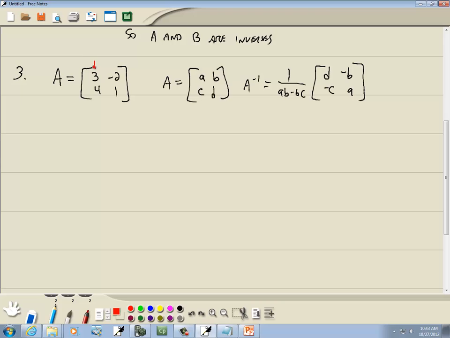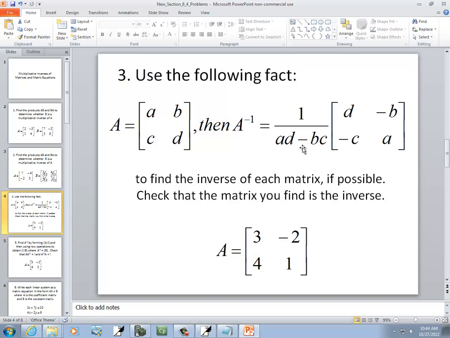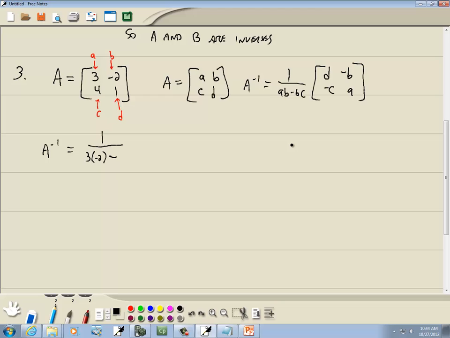Well, this would be our little a, this would be our little b, this would be our little c, and this would be our little d. So, to find our inverse, we just plug in the a, b, c, and d we just identified into our formula. So we got 1 over a times d. I said b times c at first, but no, it's a times d.